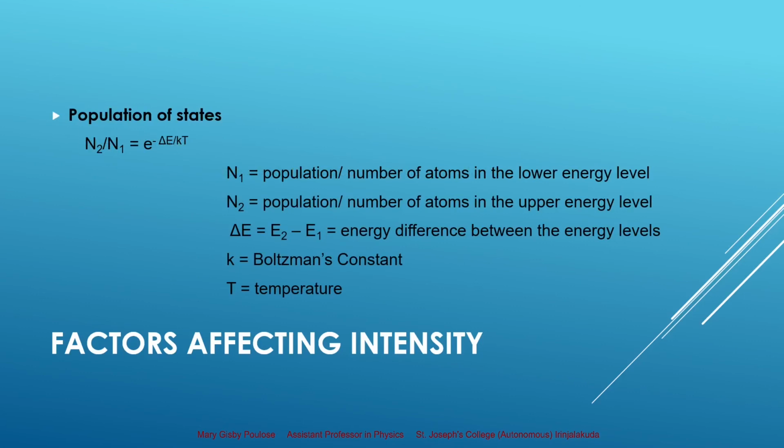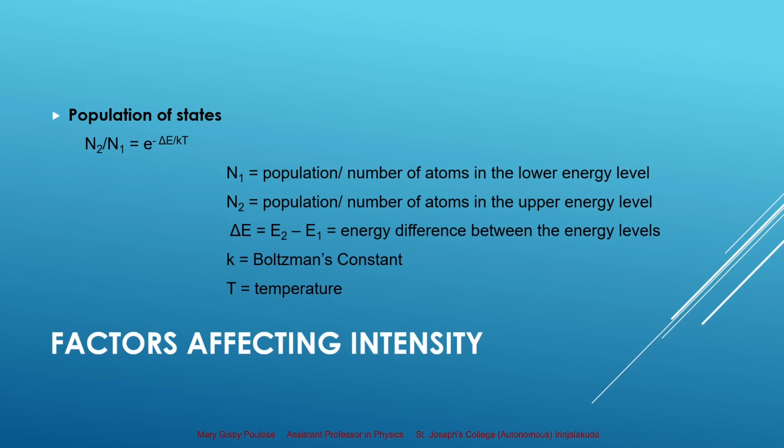Now, the ratio of population between two energy levels E2 and E1 is given by N2 by N1, where N1 is the population or number of atoms in the lower energy level, and N2 is the population or number of atoms in the upper energy level. So N2 by N1 is equal to exponential of minus delta E by KT, where delta E is the energy difference between the energy levels, K is the Boltzmann's constant, and T is the temperature of the system.